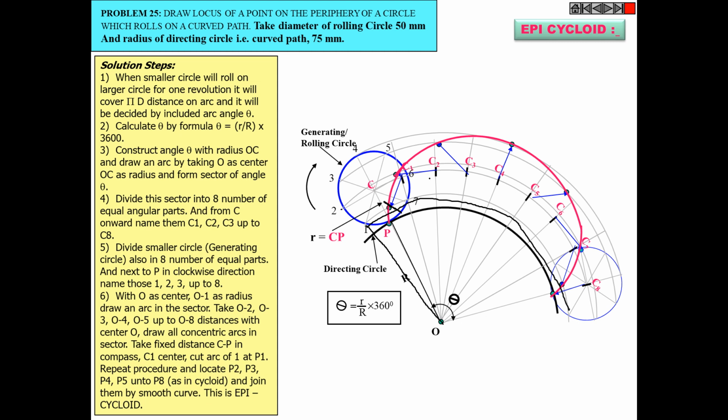Similarly, C2 and C6 is the same curved line. C3 and C5 is the same curved line, and this is your C4 curved line. O1 and O7 is same, O2 and O6 is same, O3 and O5 is same, and O4 is this curved line.